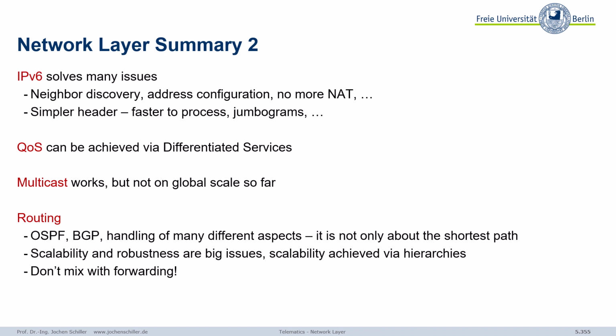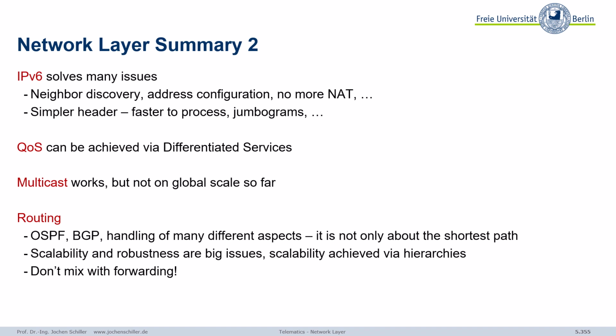We saw that IP version 6 solves many issues, neighbor discovery, address configuration. We don't need NAT any longer. We can automatically create valid IP addresses just based on layer 2 addressing, maybe some hashing. The header is simpler, a bit larger, yes, but faster to process. We can support larger packets. We saw differentiated services a bit more. Multicast, yes, so you get an idea of multicast, but we know it's not really working on a global scale so far.